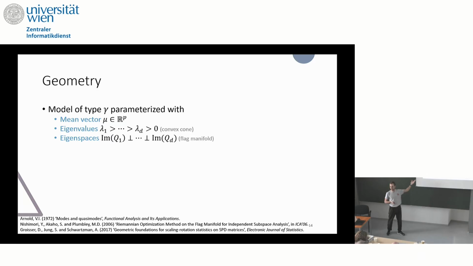They are its mean vector, which lives in R to the power of P. There are the D distinct eigenvalues, which are assumed to be decreasingly sorted, so this is defined more like a convex cone of dimension D. And then we have the associated eigenspaces, whose multiplicities are defined by the type. Since we have a symmetric matrix, the eigenspaces are mutually orthogonal. And the space of all mutually orthogonal subspaces of pre-specified dimensions defines a so-called flag manifold.